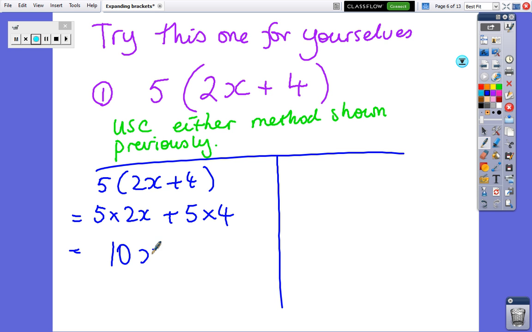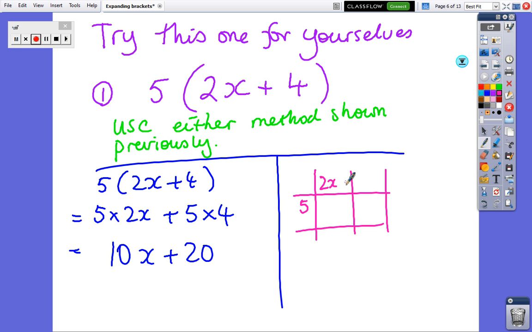So the answer is just 10x plus 20. But using the second method, you put the 5, and the 2x and the 4, and then when they join up, you multiply. So those two multiply to give 10x, and then 5 times 4 equals 20. So the answer is the same. Both methods give you the same answer.